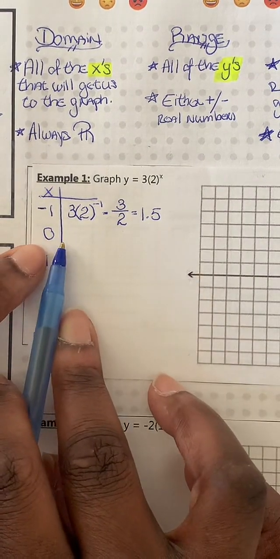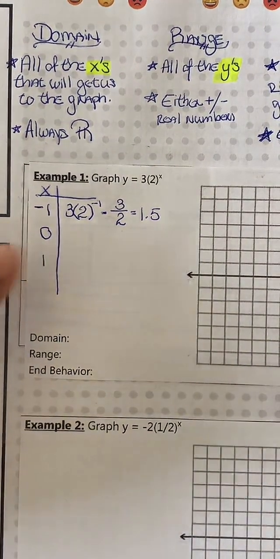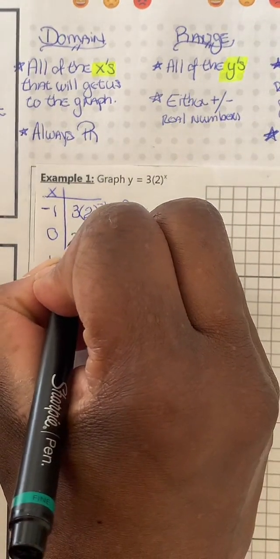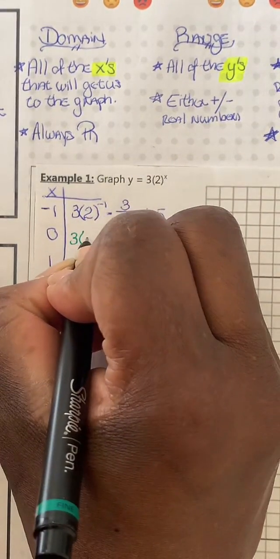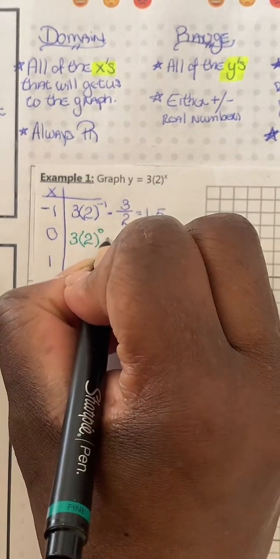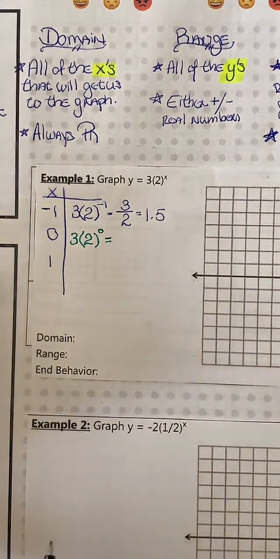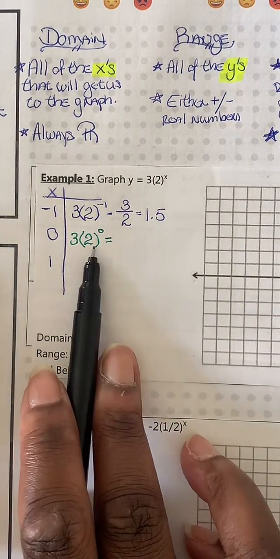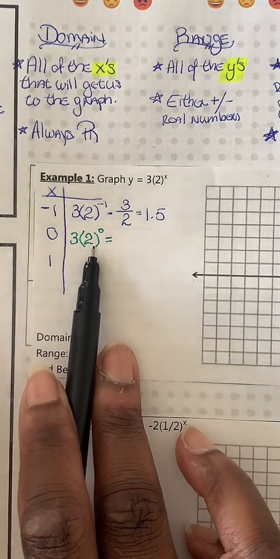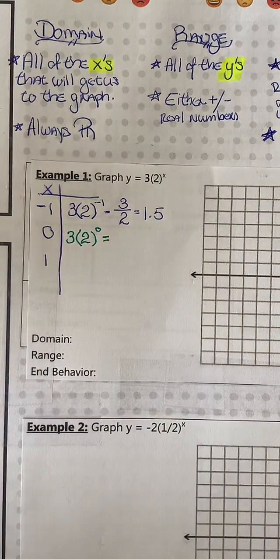So now let's try it with the 0. I'm going to see if I can change colors so you can keep up a little bit. So we have 3 times 2, but it's to the 0 power. Now, anything raised to the 0 power is what?